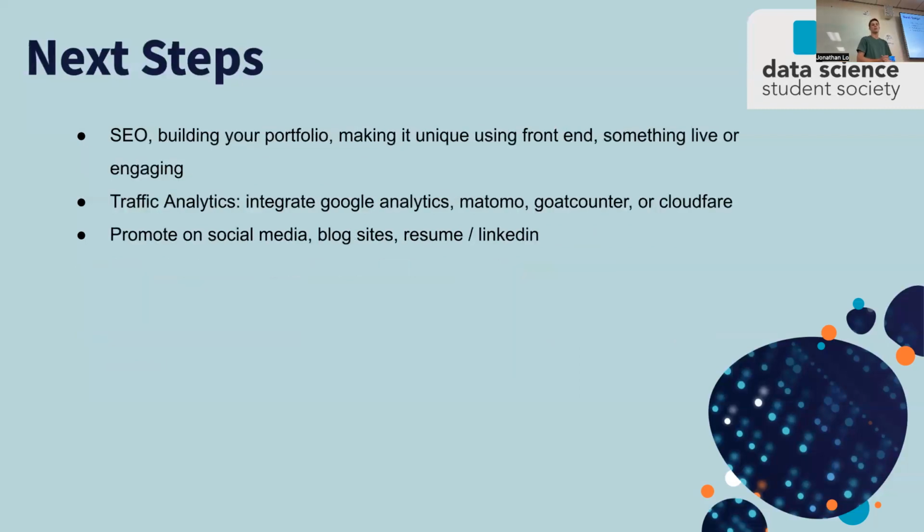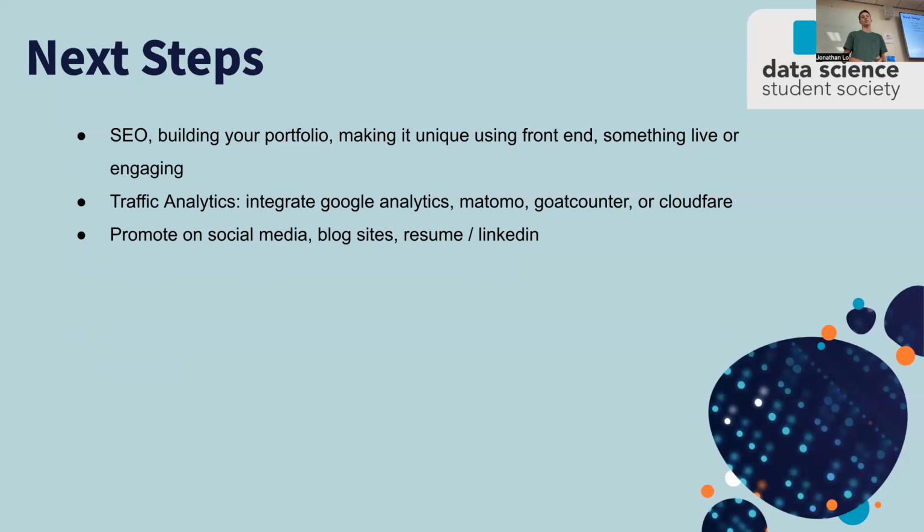And then I'll talk about it now. So after you do get everything all set up, these are some more advanced things you can think about that we're not really going to talk about today, but I just wanted to mention that these are things you can do with a website. Like you can improve the SEO. So that's how findable your website is. If someone Googles your name, is that going to be the first result or the 10th, etc. You can look at analytics.